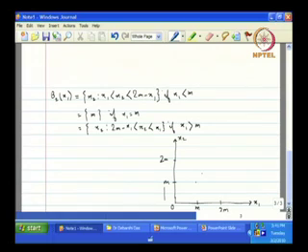Suppose this is the point m, this is the point 2m. What we are having is that x1 should be greater than x2. So, I can imagine this line, which is the 45-degree line. x1 should be greater than x2 means we are taking points to the right of this line.